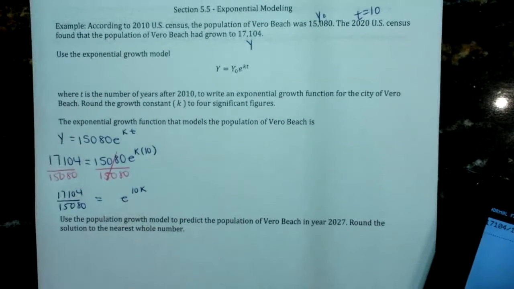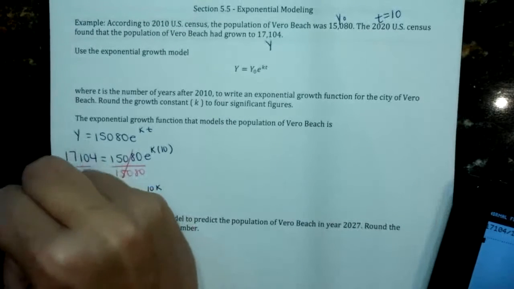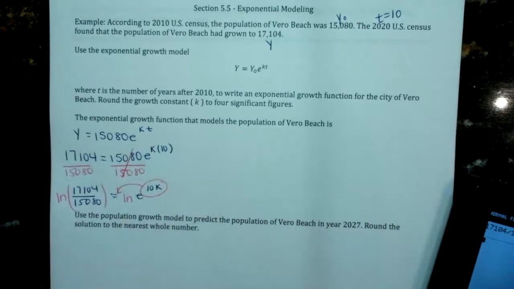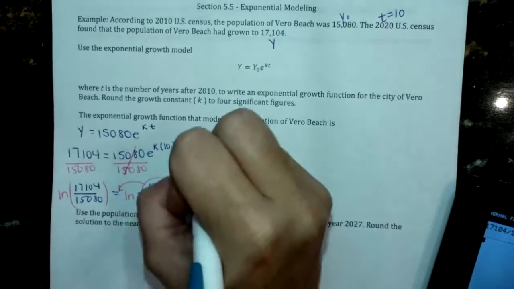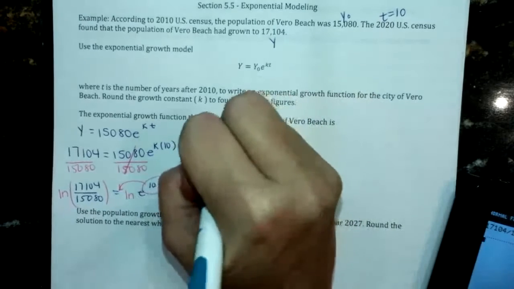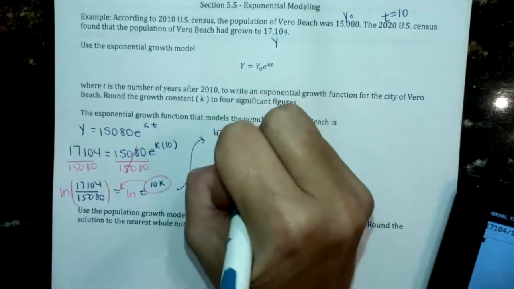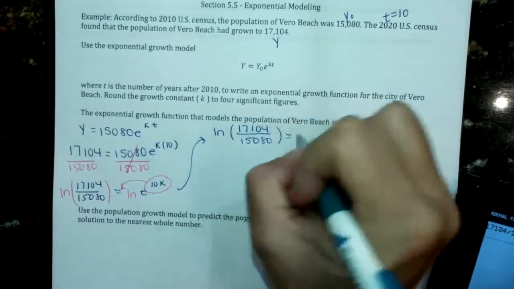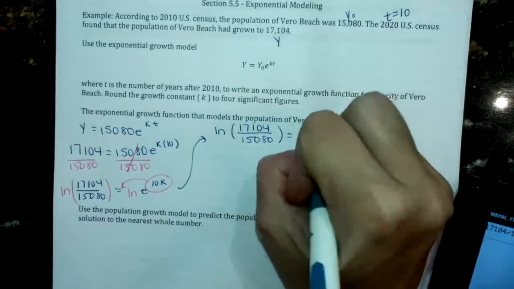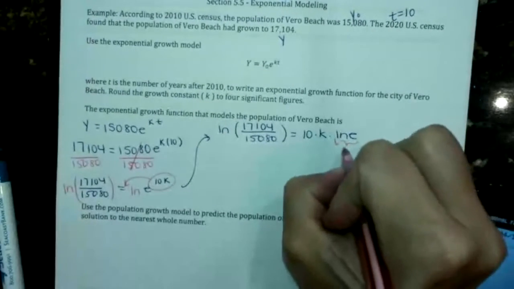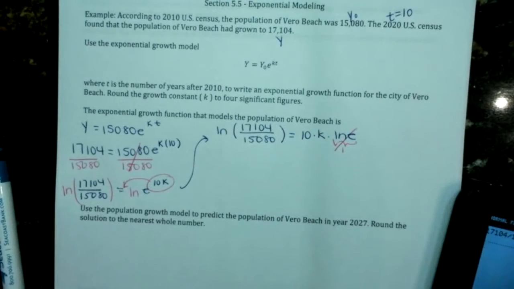I want to bring the exponent down out front. It's e, so we can use the natural log. Take the natural log of both sides, and that exponent comes down out front. So the natural log of 17,104 divided by 15,080 equals 10 times k times the natural log of e, which we know is 1, so that cancels out.